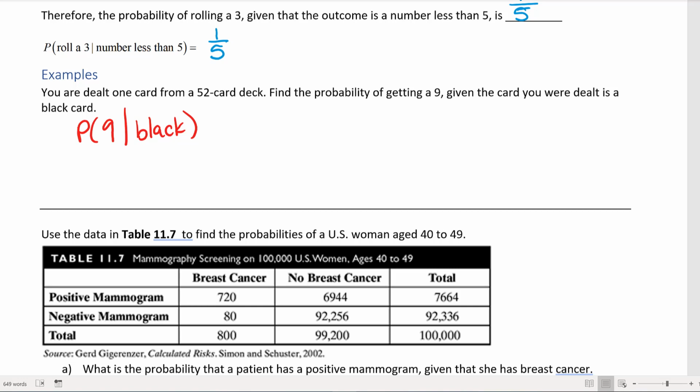There are 2 black 9s, the 9 of clubs and the 9 of spades, and there are 26 black cards. So the probability of getting a 9, given the card is black, is 2 out of 26, which reduces to 1/13.